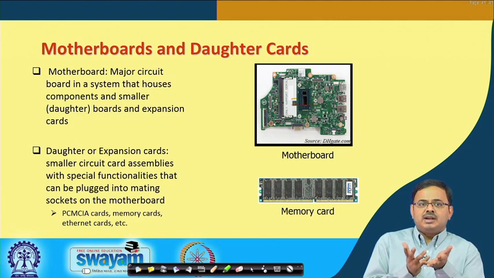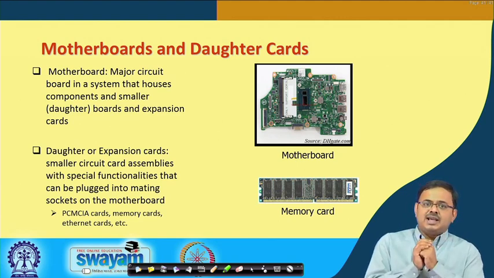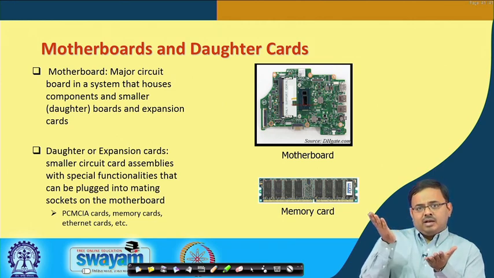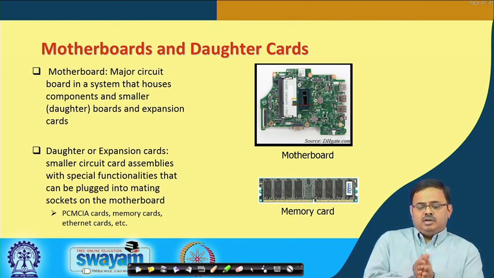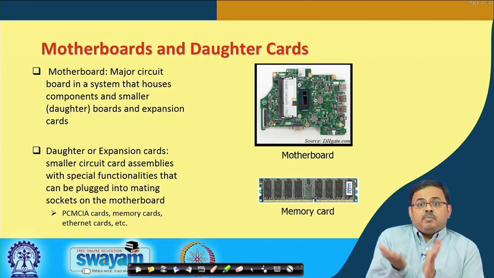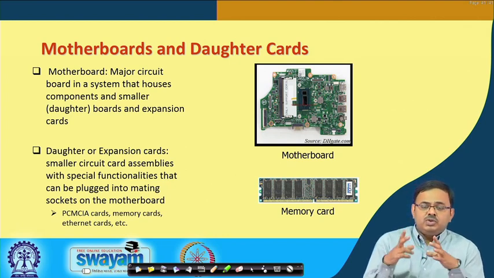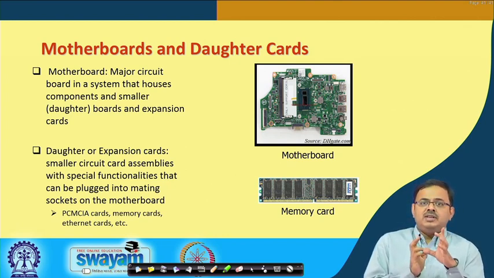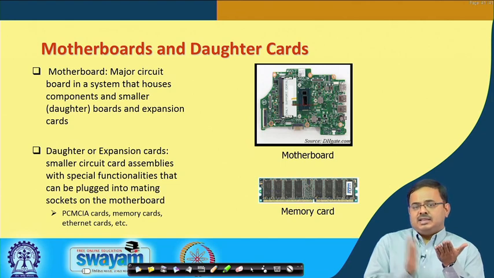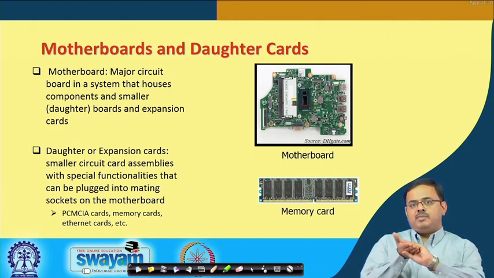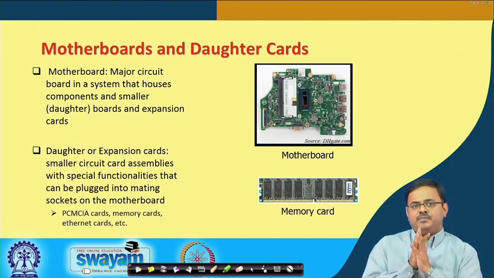These are smaller circuit card assemblies with special functionalities, and they are inserted or plugged into the motherboard through their respective connectors. Typically there is a socket and a connector, they just mate, and that is how the connections are made.